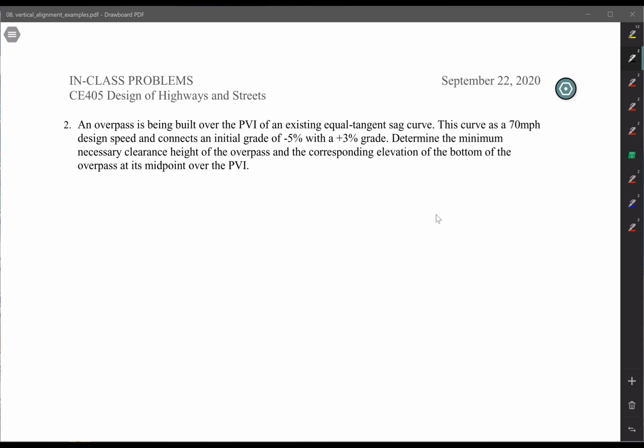Beyond that, what is the elevation at the midpoint over the PVI. When I click this button, it's going to give you an invite to join your breakout room. Just go ahead and accept that, and then I'll bounce back and forth between each of the rooms. Ready, break.